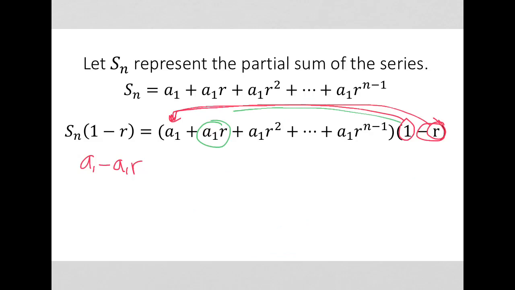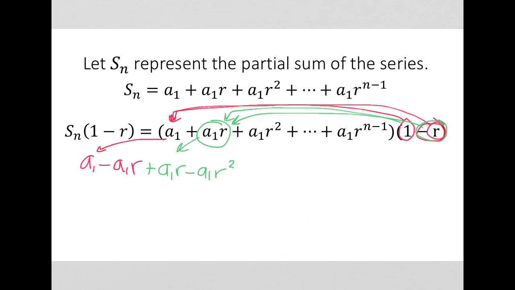And then I'm going to do this to my second term. I'm going to multiply it by 1, and that's just going to give me my a sub 1 r, the same thing that was there, right? Each time I'm starting by getting the same thing that is there. But then afterwards I'm multiplying by that minus r, which is going to change this from a positive a sub 1 r to a negative a sub 1 r, but I'm multiplying by r, which means I'm increasing the power on the exponent.